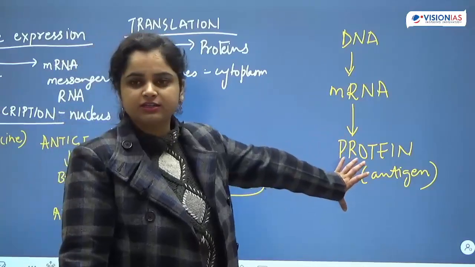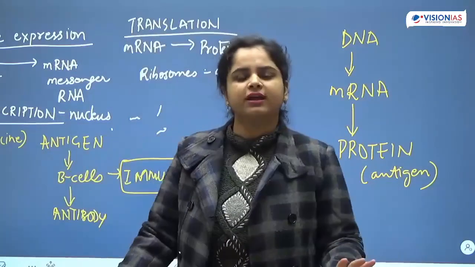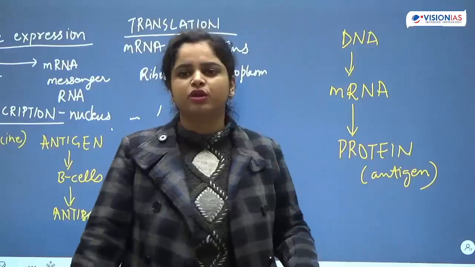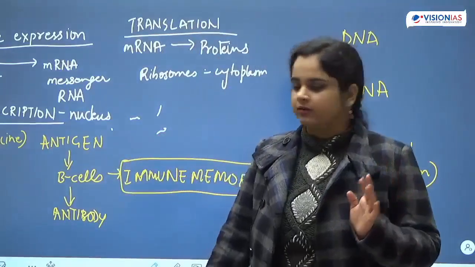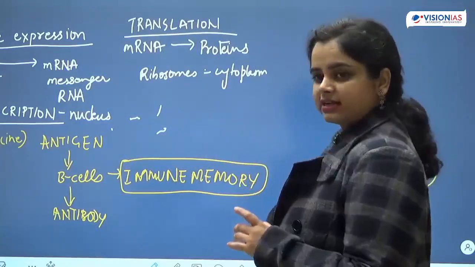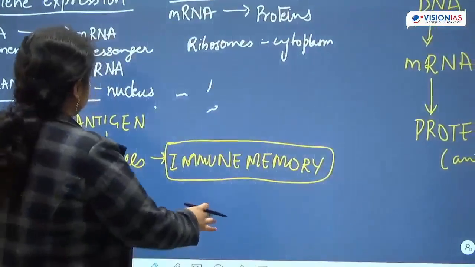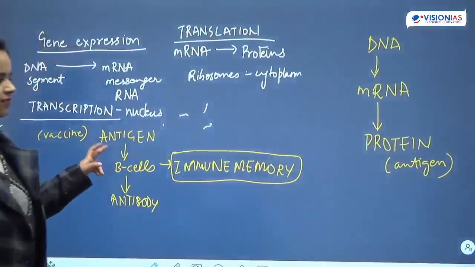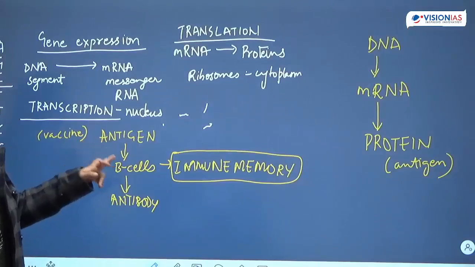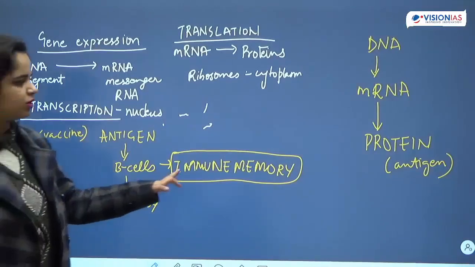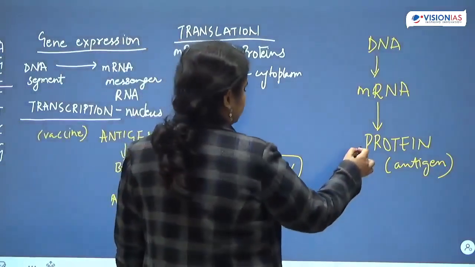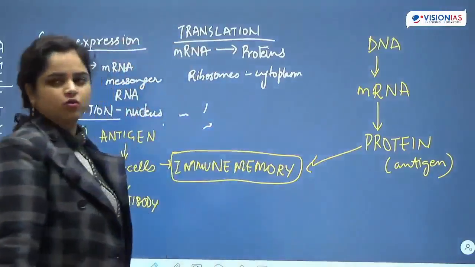Once this protein is produced, your B cells do not care if it was produced inside your body or if it came from outside. Once B cells recognize this antigen, they will start doing this job. For them, it is the same process. If the same antigen has come, they will be stimulated, they will produce antibodies, they will create immune memory. And that's ultimately our goal.